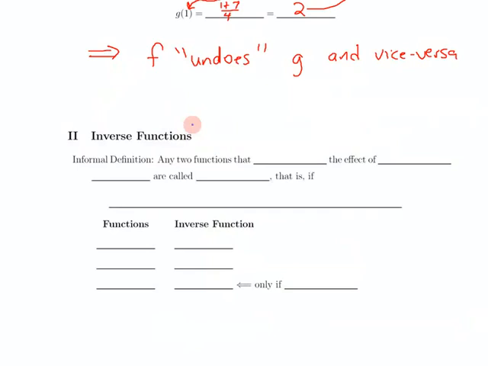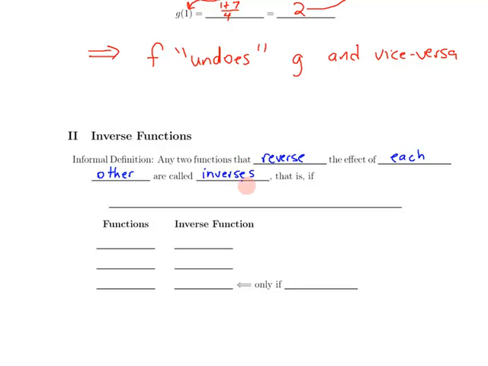Now that we've seen these types of functions that reverse the effect or undo other functions, we're ready to give that concept a name. We call those types of functions inverse functions. So any two functions that reverse the effect of each other are called inverses.